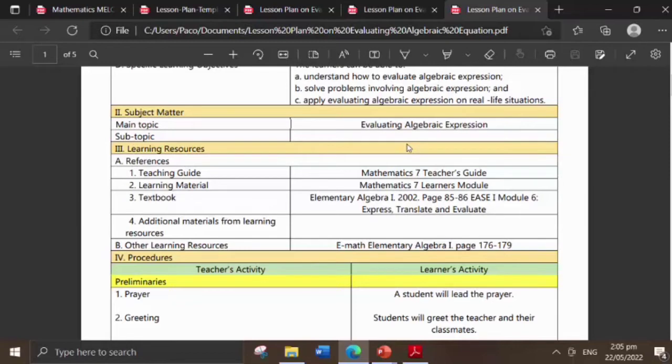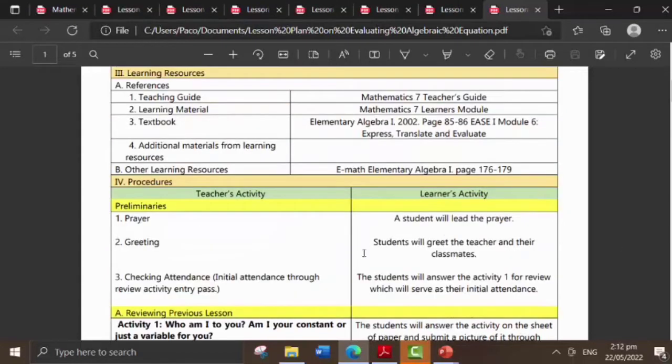For teaching guide, learning materials, and textbook, you just put the name of the book or textbook here in the right column. And if you have additional materials for learning resources, you can note them in this part. For the other learning resources, you just need to take note of them in this opposite column.